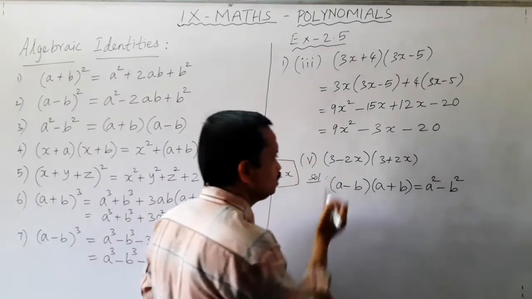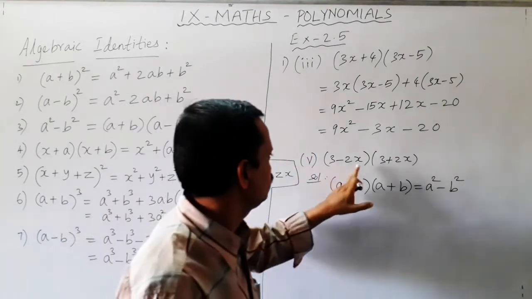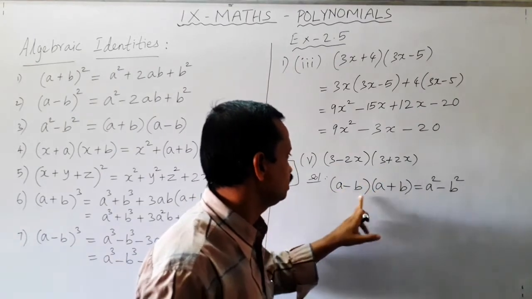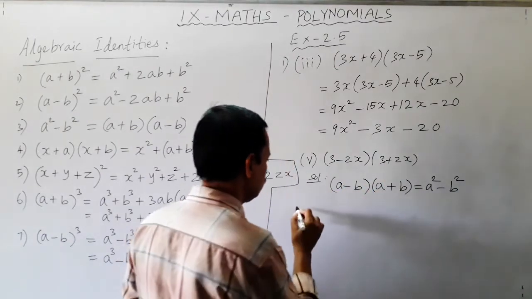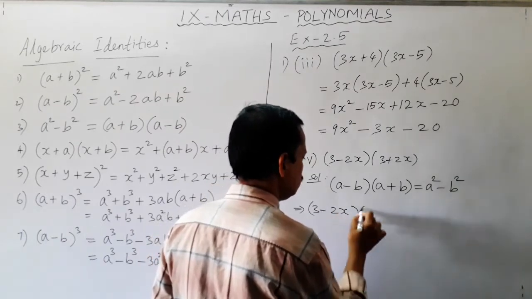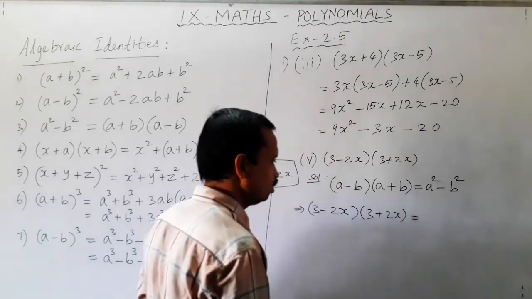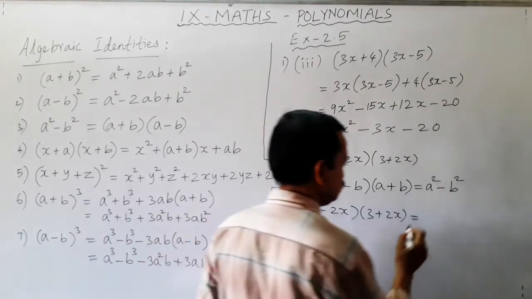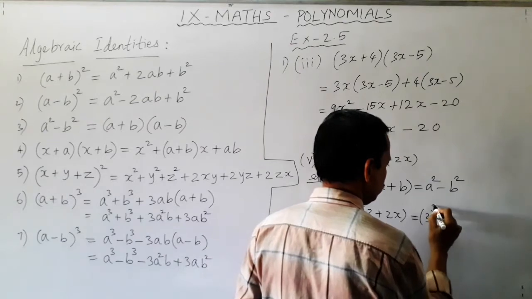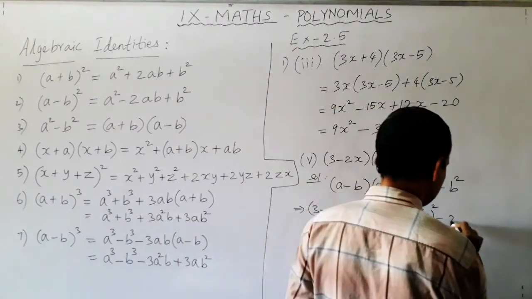Instead of a, 3; instead of b, 2x. Clear? (a - b) into (a + b). So now we can write (3 - 2x) into (3 + 2x) is nothing but, instead of a put 3 whole square, minus, instead of b, 2x. So (2x) whole square.